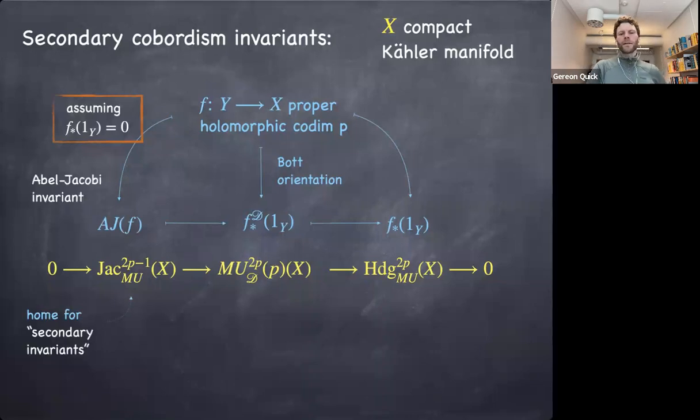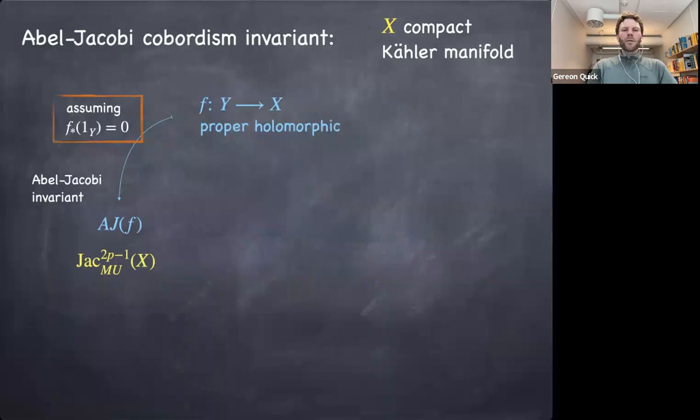So whenever we have an invariant that vanishes in cobordism, it might still have non-trivial information in this Jacobian. For example, you could think of secondary Chern classes, but I have not investigated them yet. Okay, and how do you describe this Abel-Jacobi map? And this brings us back to the very beginning of the talk, hopefully, or has some resemblance.